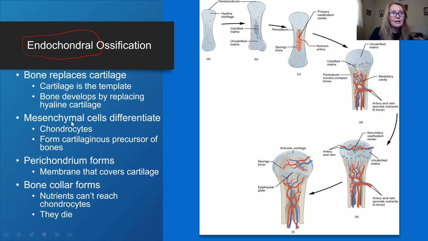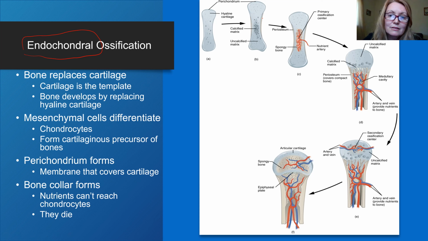So the mesenchymal cells differentiate now into chondrocytes. They form this hyaline cartilage model, right? Then we have a membrane covering the cartilage that's called perichondrium. So you have chondrocytes, but you still have some mesenchymal cells that stay inside of this cartilage, and they differentiate into osteoblasts, and they start depositing this structure over here.